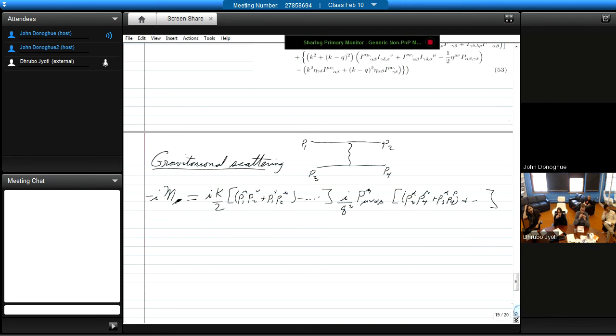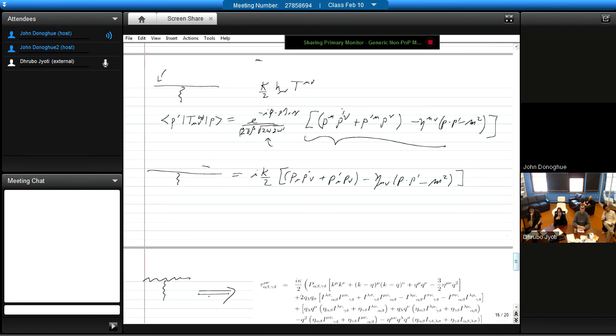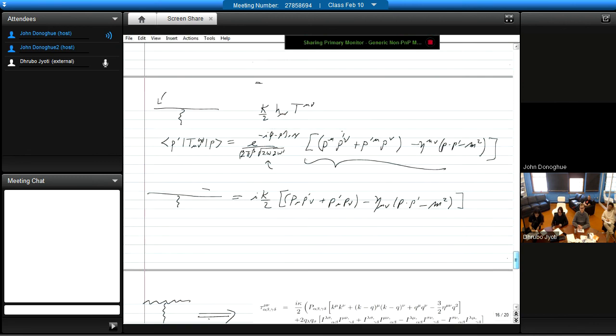Okay, we can actually see that this is the matrix element. In the forward direction, this p dot p prime minus m squared is going to vanish. So if I'm doing very non-relativistic, or very forward scattering, I don't have to worry about that last piece. Because if p prime equals p, this is m squared minus m squared.